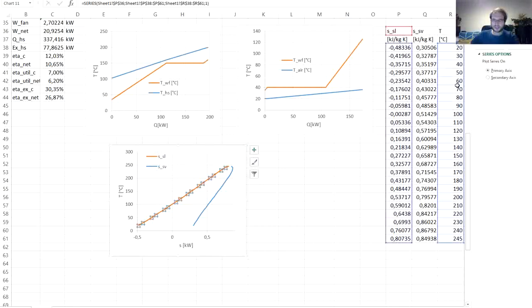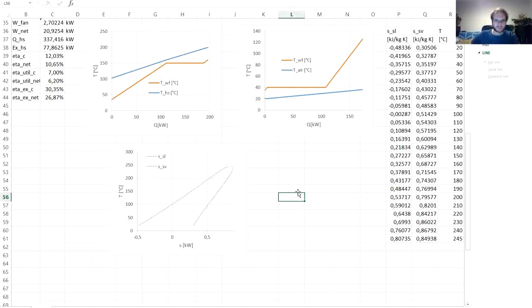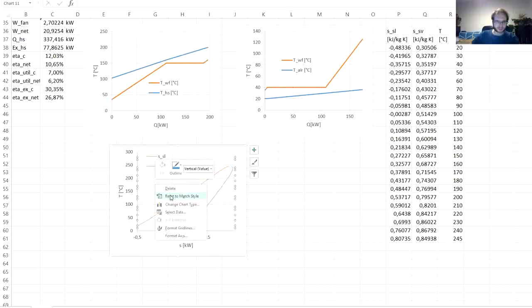And also let's get better looking curves in the diagram. So like this. So we have the temperature entropy diagram for our working fluid. And you can indeed see that at the highest temperature that we have, 245, we are nearly at the critical point. And now let's add the values for our thermodynamic cycle.